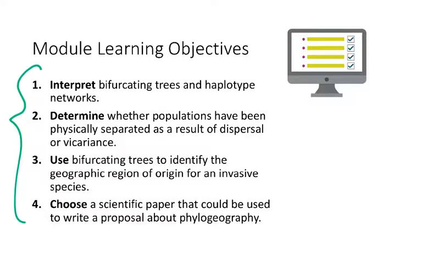Number 3, you'll be able to use those trees, just like we talked about with the Asian giant hornets, to identify the geographic region of origin for an invasive species. And then lastly, similar to what we did in the species module, you'll be able to choose a scientific paper that could be used to write a proposal about phylogeography.